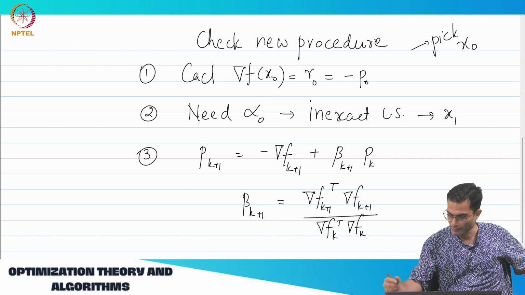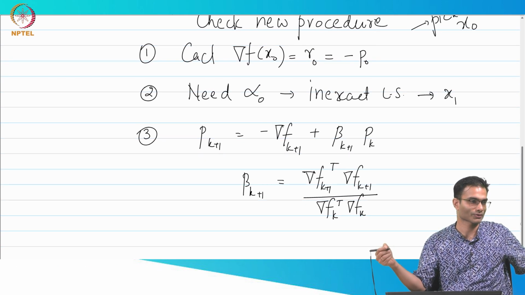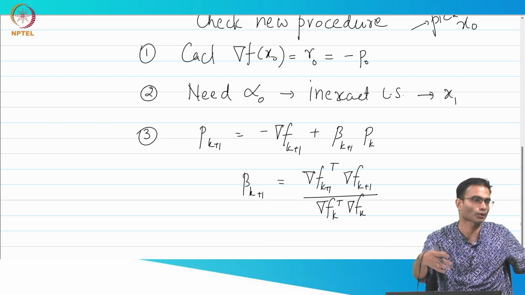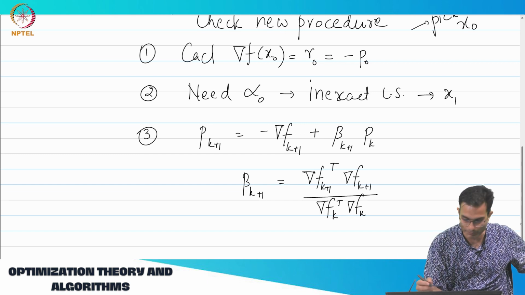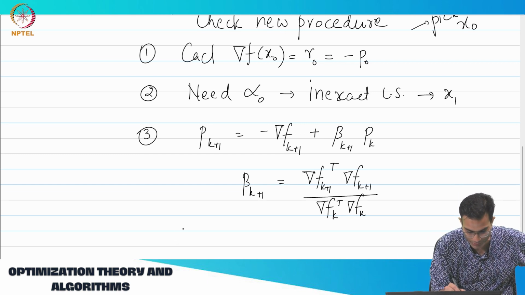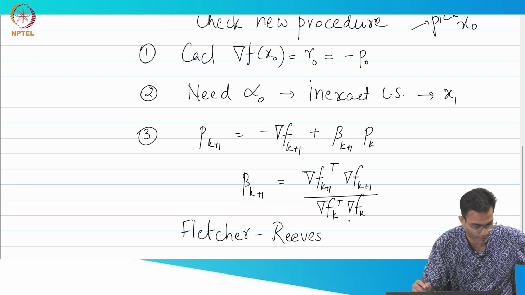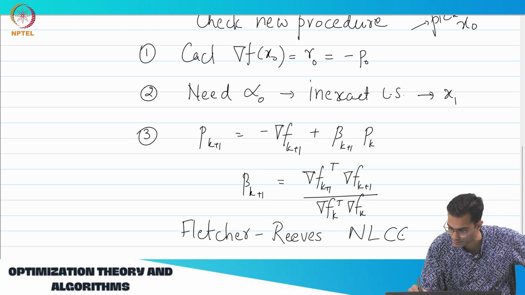Right? So yeah, we were all several decades late to the party. Two people by the name of Fletcher and Reeves made this small modification, and the first non-linear CG version is named after them, right? So what I've outlined over here is Fletcher-Reeves, and we're going to call this NLCG.